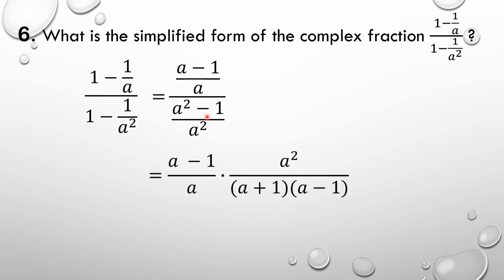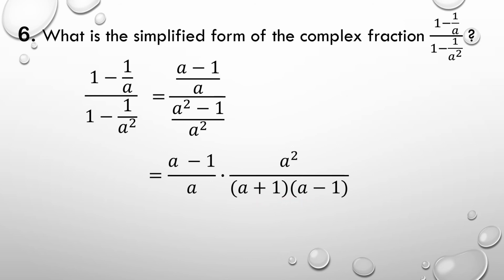Next, for the division of rational expressions, we copy the dividend. The operation becomes multiplication and we get the reciprocal of the divisor. And then simultaneously, let us factor a squared minus 1. That can be factored as a plus 1 times a minus 1, as it is a difference of two squares.